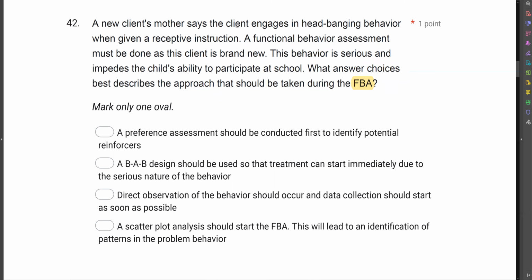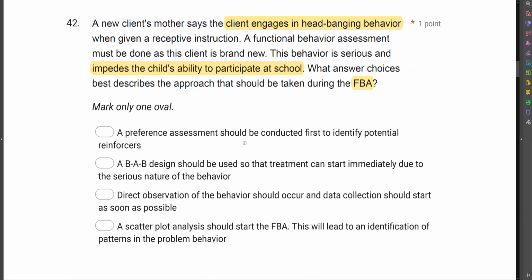In this case, we've got a client engaging in headbanging behavior, and the behavior is serious and impedes the child's ability to participate in school. So very important that we get this done pretty rapidly and get a good idea of why this behavior is occurring. The functional behavior assessment is there to give us an idea of why the behavior occurs. That's why we do it.